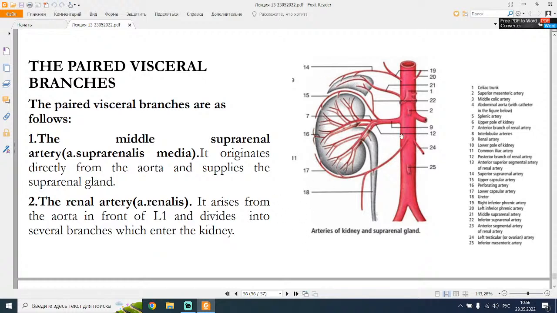Next artery, arteria renalis, arises from the aorta at the level of lumbar 1 and divides into several branches which enter the kidney.